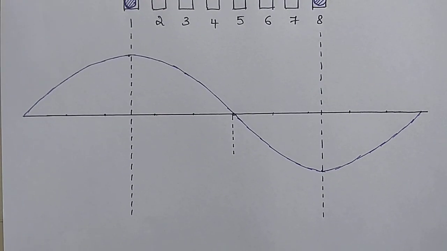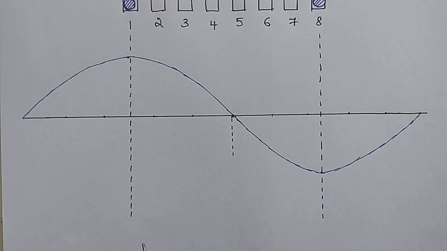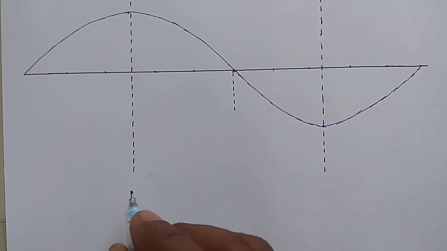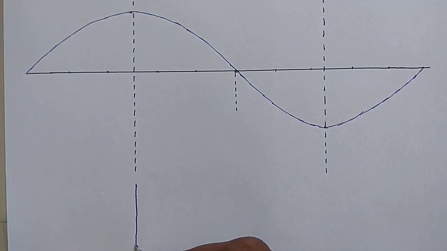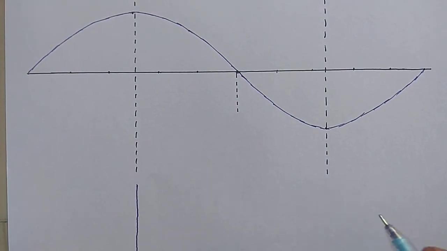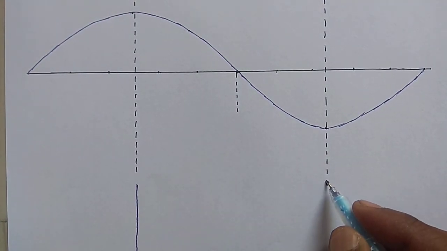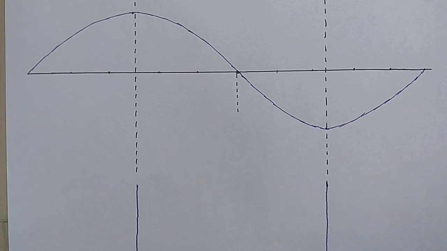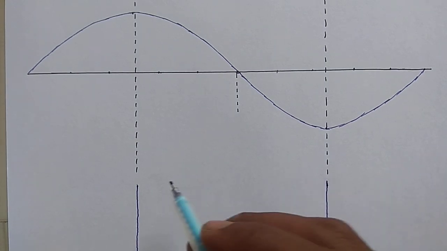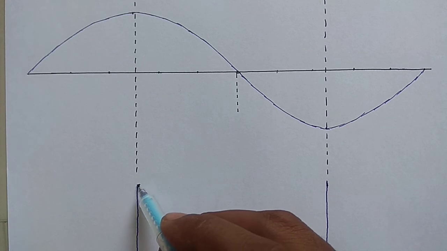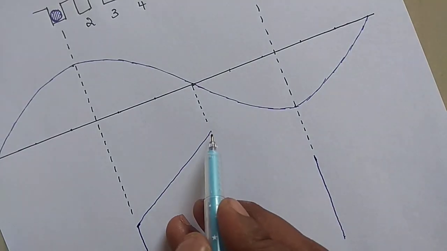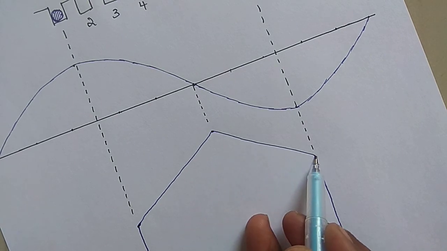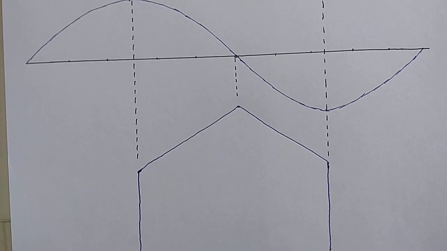Now I will show the conductor layout. Here I will draw this conductor, and here one more conductor, and these two are joined like this.